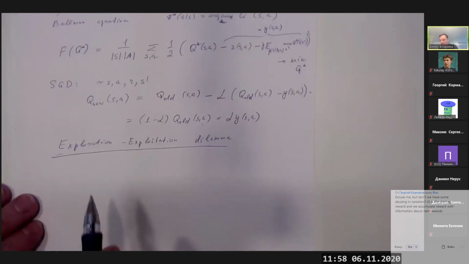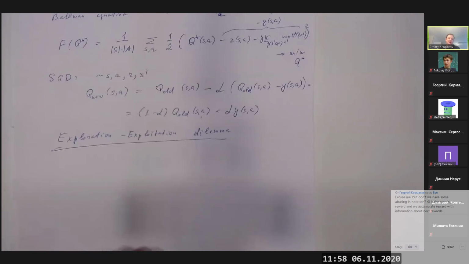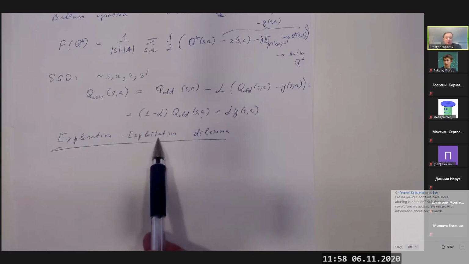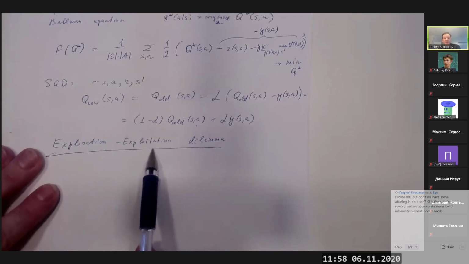And that is what is called exploration-exploitation. Having a current estimate of your Q function or V function, you may try actions according to this Q function, taking the argmax of this Q function, and this corresponds to the exploitation regime of interacting with the environment.